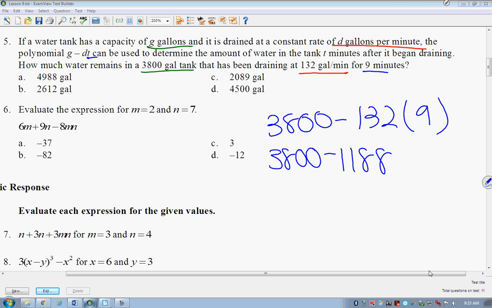Looks like that, right? Okay, very good. What's 3,800 minus 1,188? 2,612. See that right there? All right. That's our answer, 2,612.